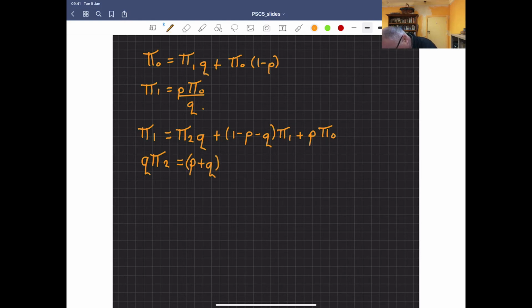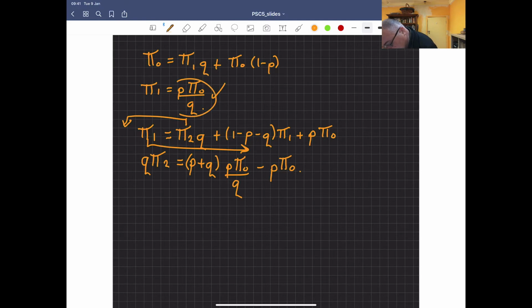Now, I can also substitute in pi 1 by using this equation here. So that is pi 1, so we can rearrange that and write that as P pi 0 over q minus p pi 0. So all I've done there is I've rearranged, I've got the pi 2 on this side, I've got everything else on this side, and then I've substituted in where I had this, so I've got this final thing.